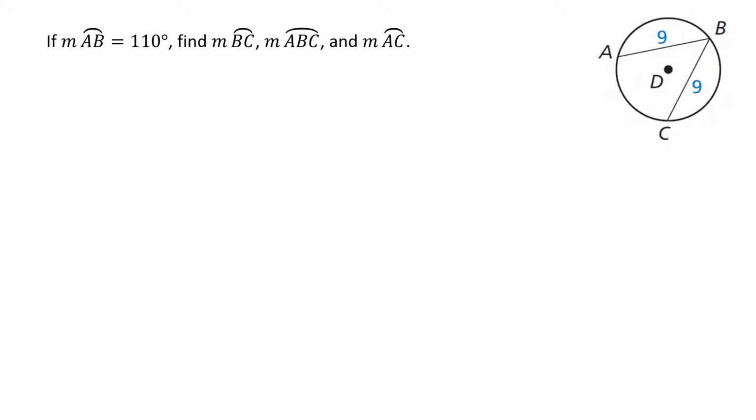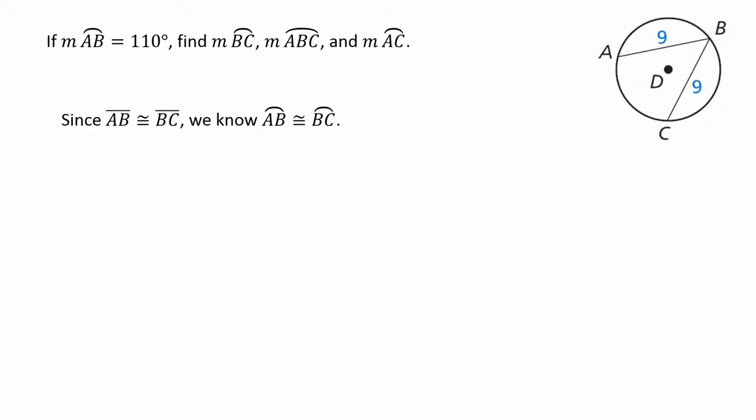So, we know the measurement of arc AB is 110 degrees. We want to find the measure of arc BC, the measure of arc ABC, and the measure of arc AC. Well, where to begin?